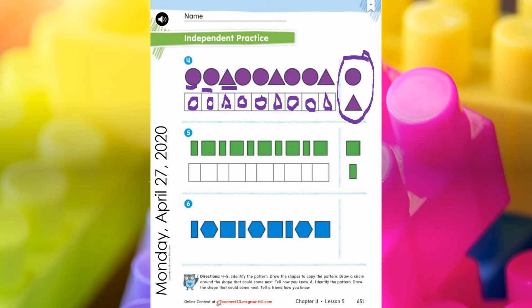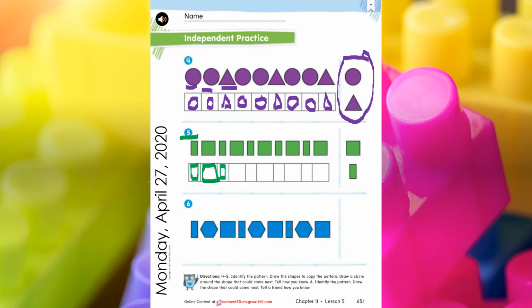All right, let's do number 5. Okay, number 5 is an ABB pattern, all right? So it's rectangle, square, and look at, they almost look similar. I have to do a better job with my rectangles.